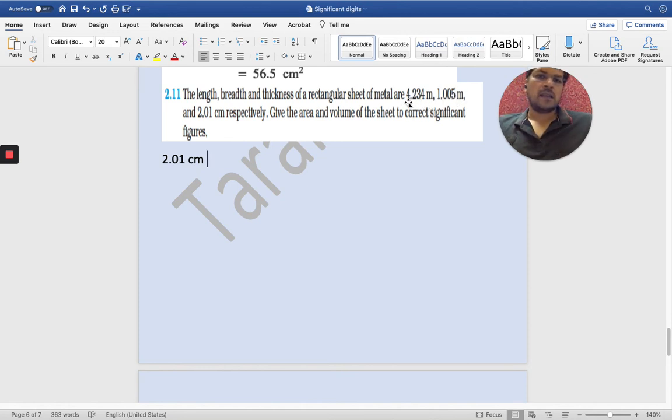I can say 423.4 centimeter and 100.5 centimeter, or I can simply convert this centimeter to meter, 0.0201 meters. So either convert in terms of centimeter or meter. That is how all your components of length, breadth, and thickness are in the same unit.